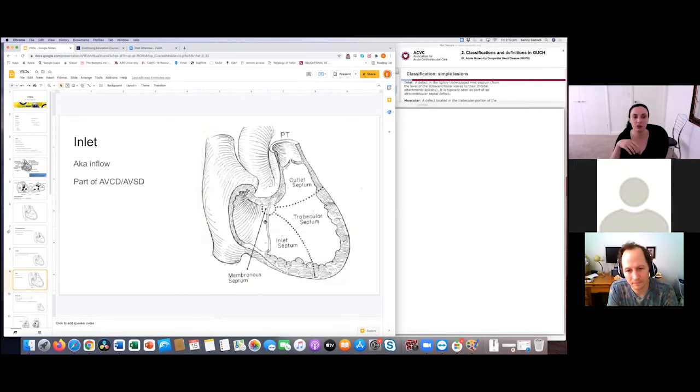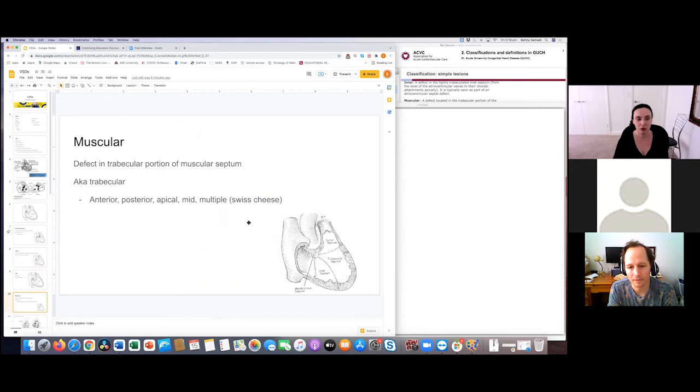And it's just a spectrum of congenital heart diseases that include ASD, the atrioventricular valves being fused, and a VSD. So that canal is defective. So the point there is that you probably won't see an inlet VSD by itself. It'll be with an ASD and some sort of valvular abnormalities, tricuspid and mitral.